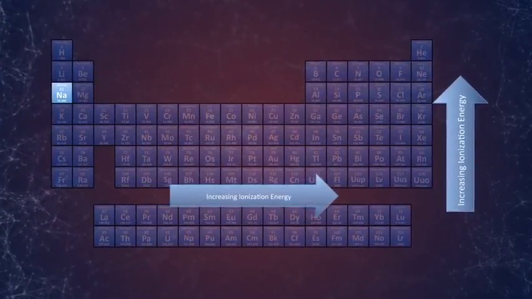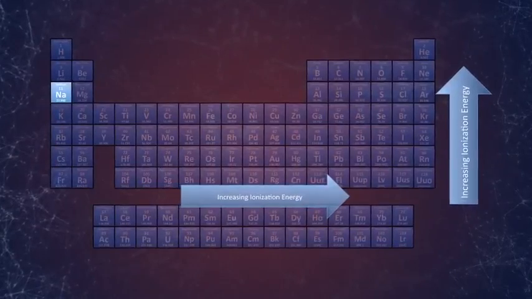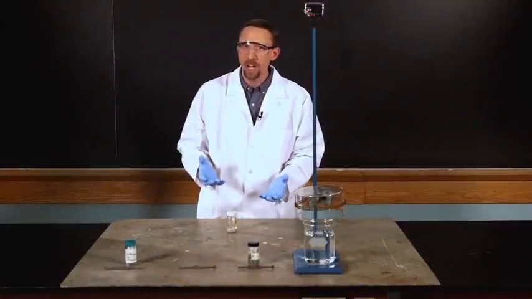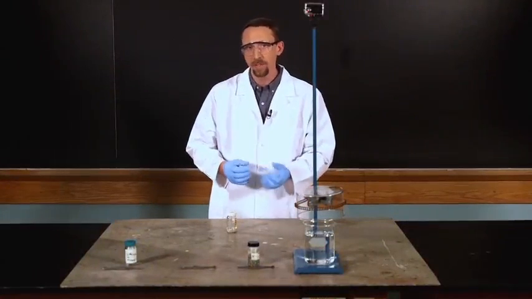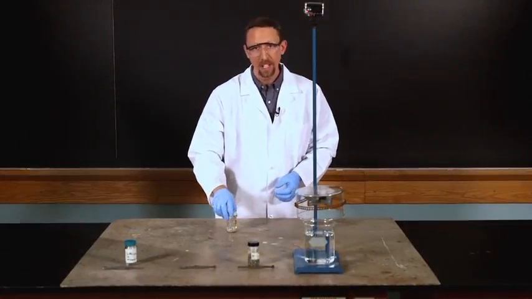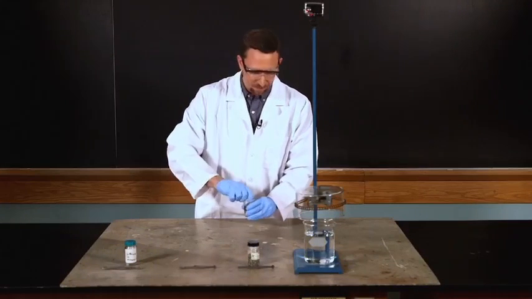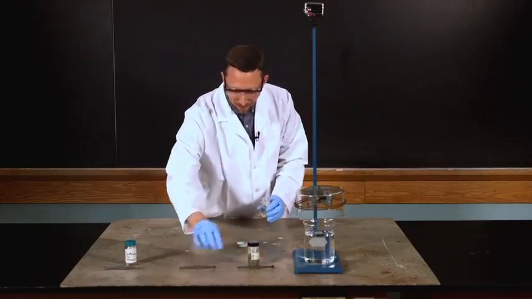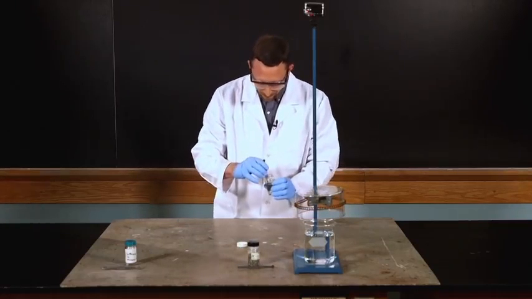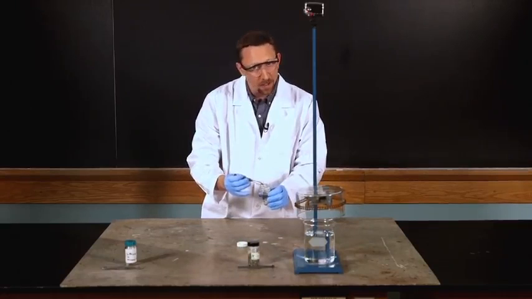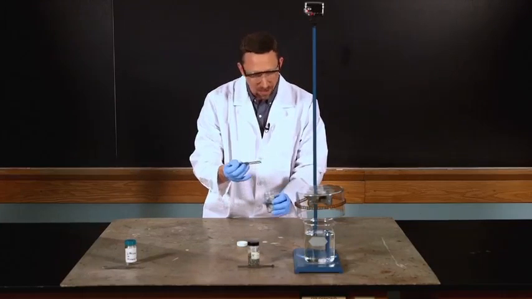Now remember, if our prediction's correct, sodium, which comes from row 3 of the periodic table, has an entire extra shell of electrons screening that outermost electron from the attractive force of the nucleus. In other words, it should ionize much more easily. So let's find out if it does. Again, the exact same reaction is taking place here, except turning sodium metal into sodium ions instead of lithium metal into lithium ions.